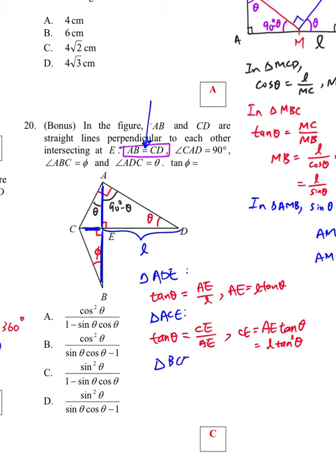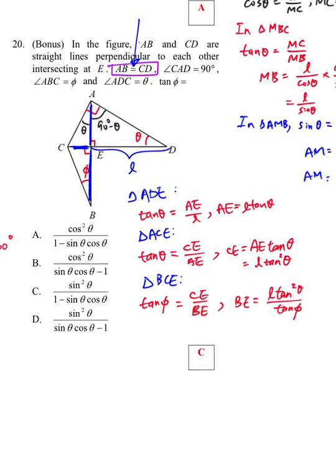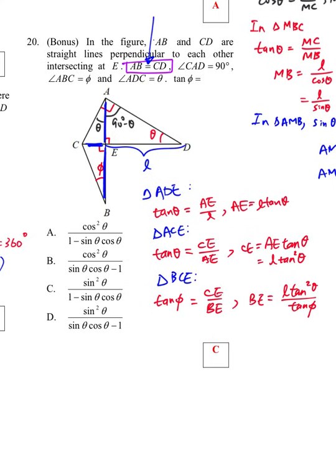In triangle BCE, you should expect tangent phi equals CE over BE, and therefore BE equals CE over tangent phi.